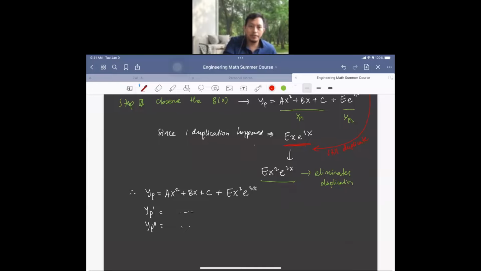Okay, now the next method, we call the variation of parameters.